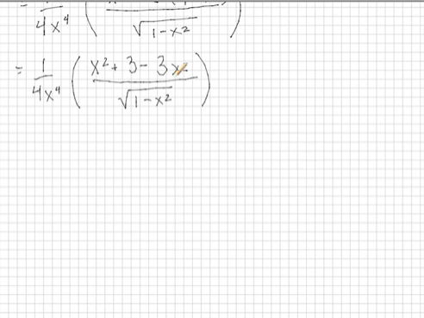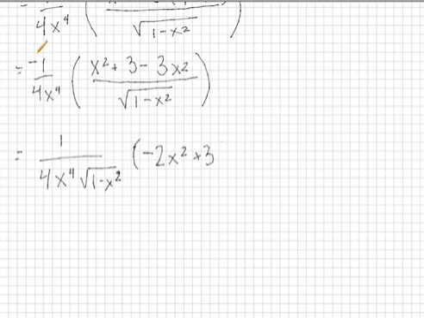And we can go ahead and simplify the top here because it looks like we have some like terms. Let's go ahead and pull this denominator out now. So we have 4x to the 4th times the square root of 1 minus x squared. And we have x squared minus 3x squared, which will be negative 2x squared plus 3.